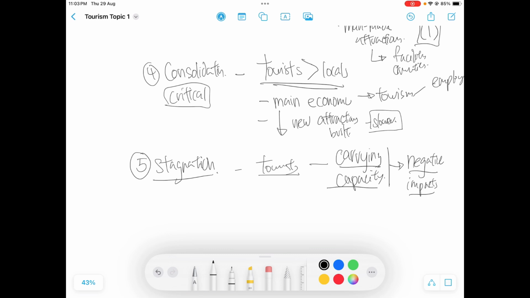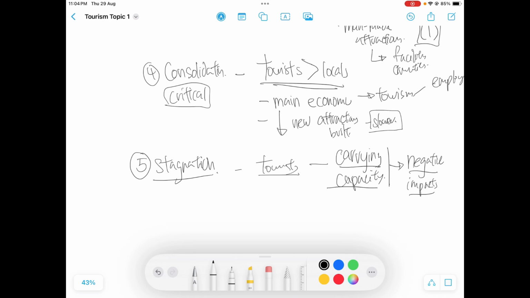Some examples: perhaps Phuket's environment has degraded because tourists exceeded carrying capacity. So the region or the place will have to endure the negative impacts, right?